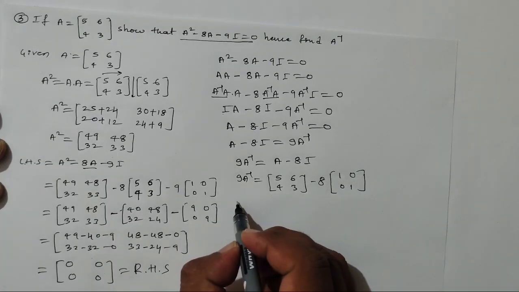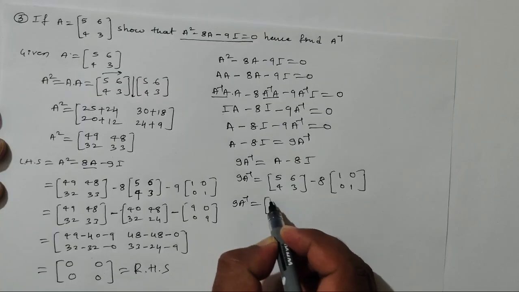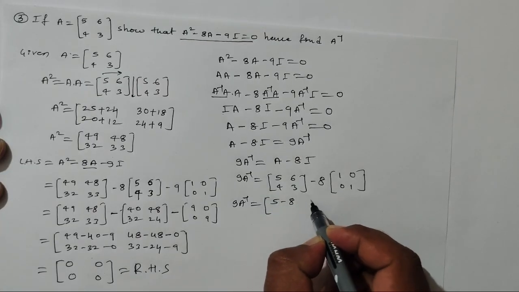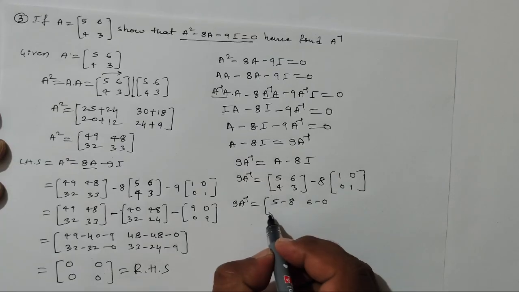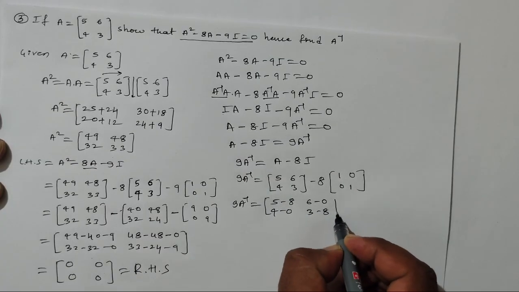Okay, so next 9A inverse equal to 5 minus 8, 6 minus 0, 4 minus 0, 3 minus 8.